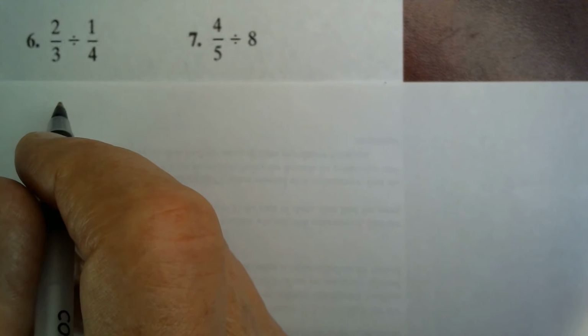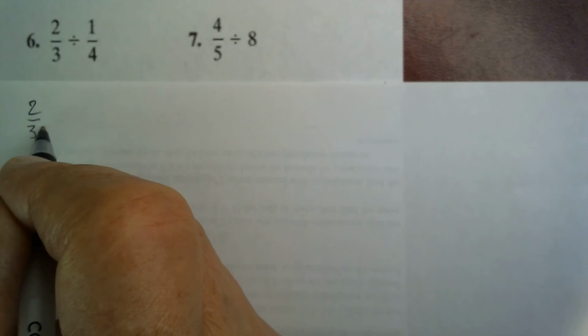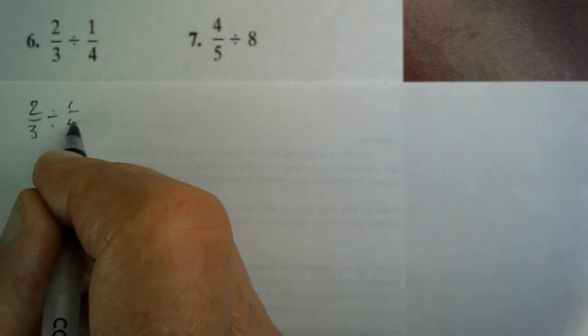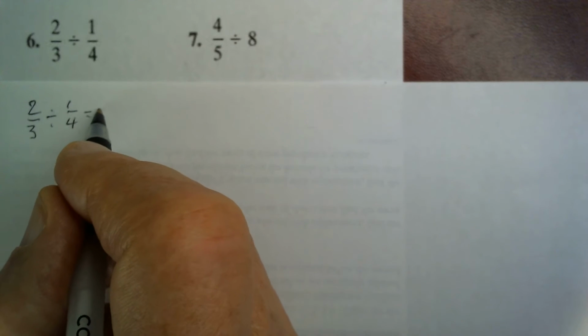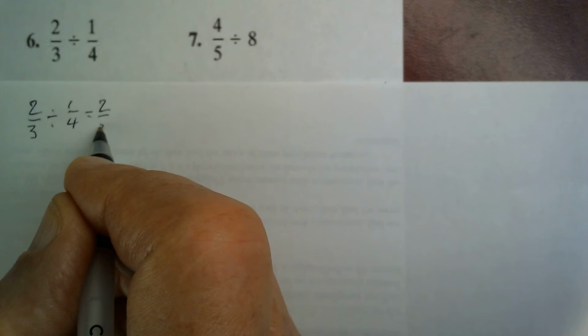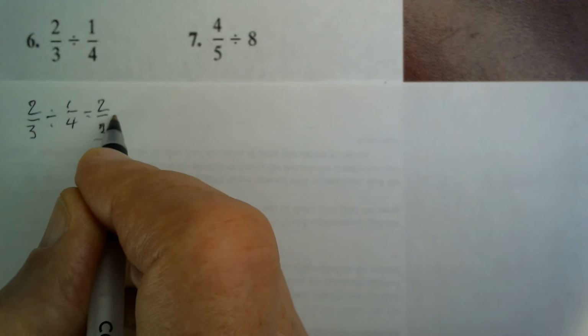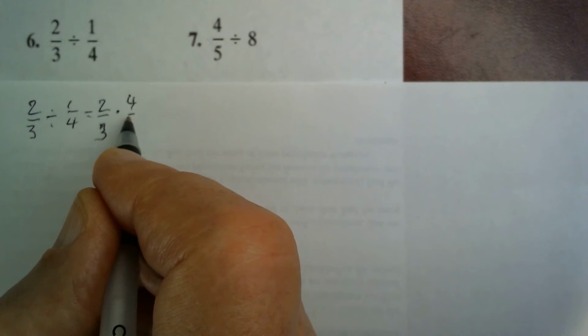So the next example is number 6, 2/3 divided by 1/4. So that means we multiply 2/3 by the reciprocal of 1/4, which is 4 divided by 1.